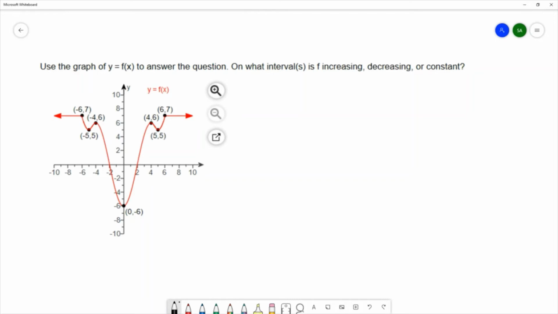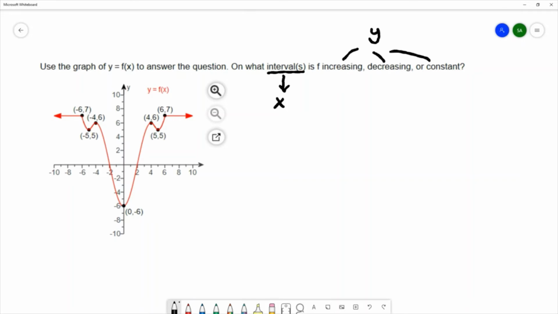The words increasing, decreasing, and constant are all referring to what's happening with y, and the intervals are going to be the x. So we're going to describe what's happening to y, but we're describing it on intervals of x.